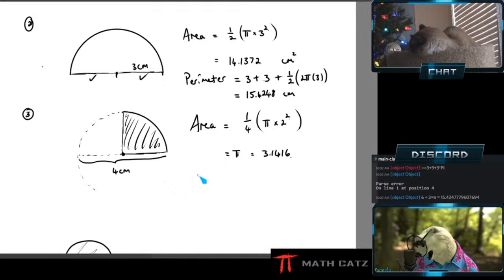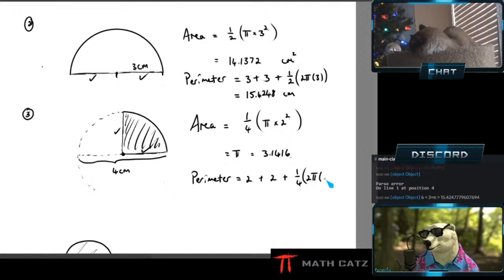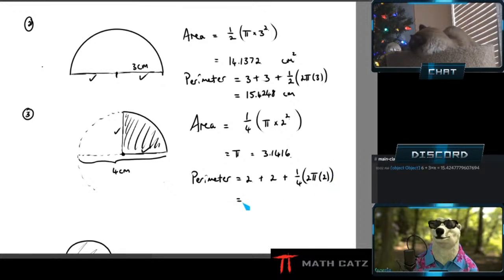And the last one, we have 2, this vertical side, that's also 2, and then a quarter of the circle all the way around, 2 pi r. Radius just happens to be 2 as well.